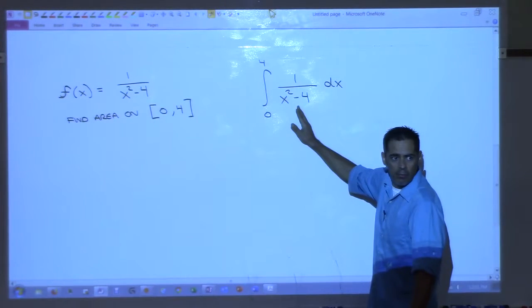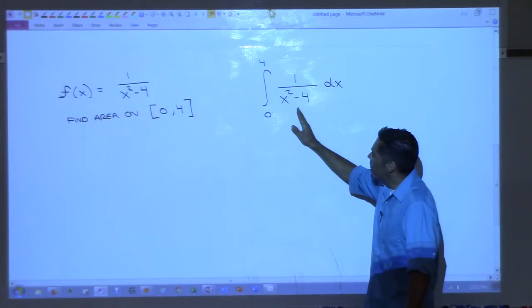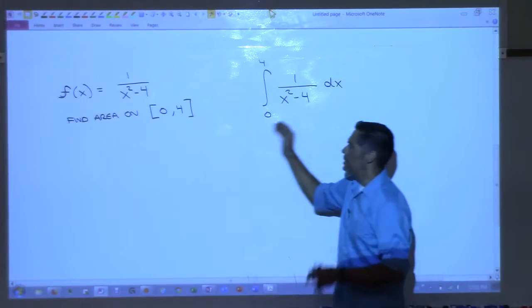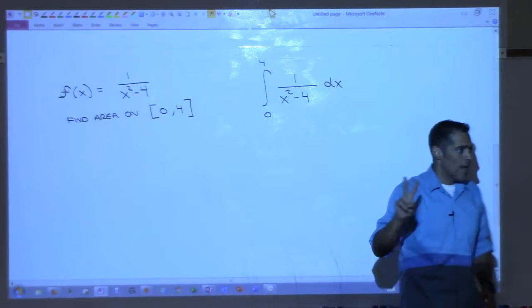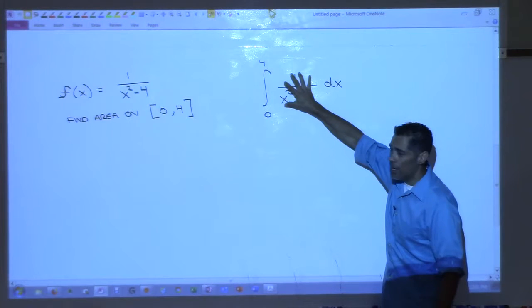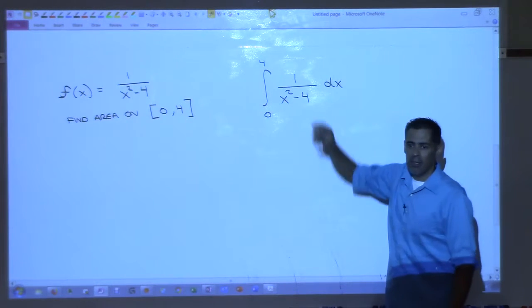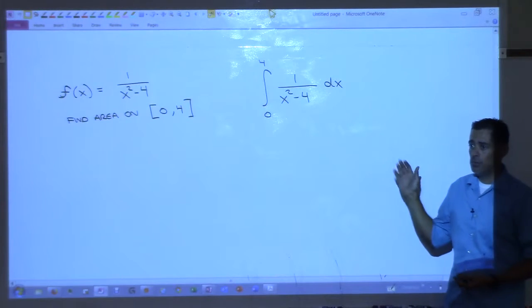At what x value will I have a problem? At x is 2. At negative 2 also, but that is not in my interval. So at positive 2, the integrand is actually undefined at some point within that interval.